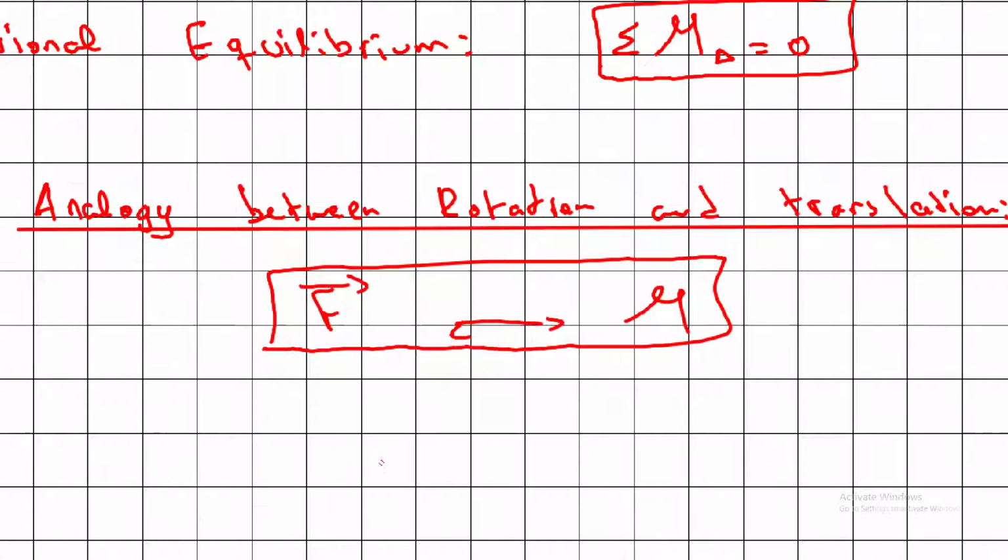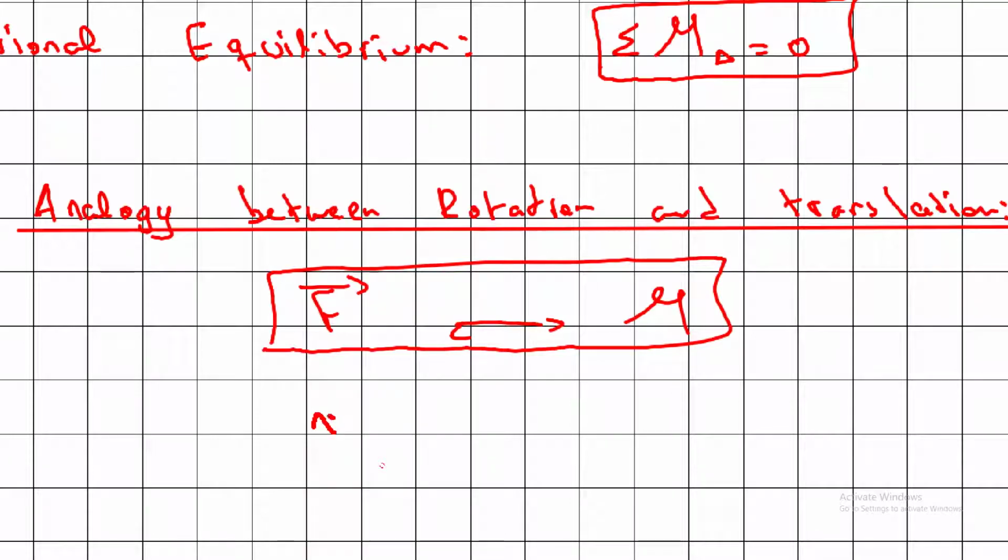This is similar to the fact that the displacement x was replaced by theta, the speed was replaced by theta prime, and the acceleration was replaced by theta double prime. And here for sure we are talking about the tangential acceleration. So probably in this chapter we'll go over these again.